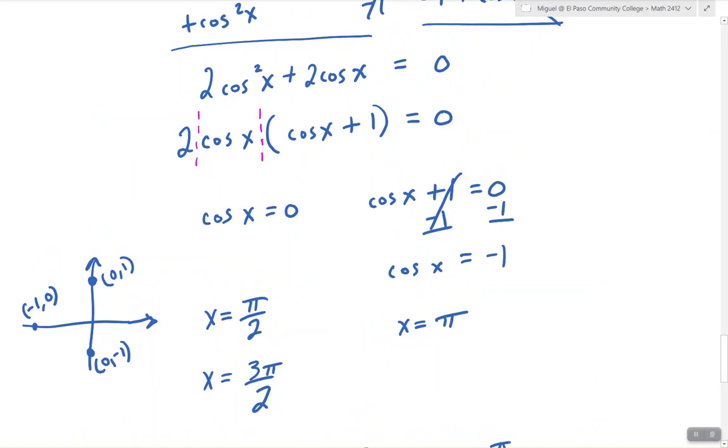Or if you want, you can bring it with this factor, like treat this as one whole factor. But if you bring it here, you're going to have to move it anyway. So if I divide both sides by 2, this will be 0 over 2, so this will still be 0, and then this will still be just cosine of x. Does that make sense? Yeah.